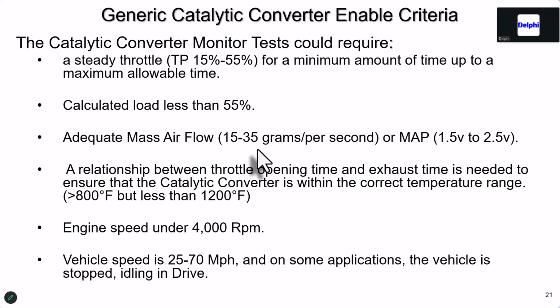If you have a standard MAP sensor that's basically a 0 to 5 volt range, somewhere in the 1.5 to 2.5 volt range is a good load if you're trying to calculate out load. A number of cars have gone back to MAP sensors. Now, if you're on a Honda, that's not going to work because Honda's tops out at about 3 volts. So you want to be about 1.25 to 1.75 volts on a Honda to be in that window. Otherwise, you've got too much load.